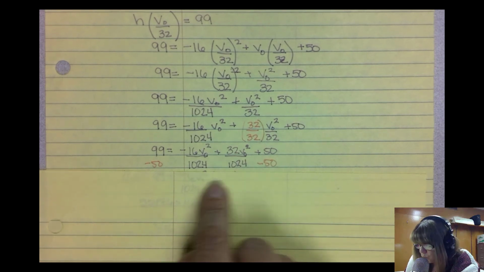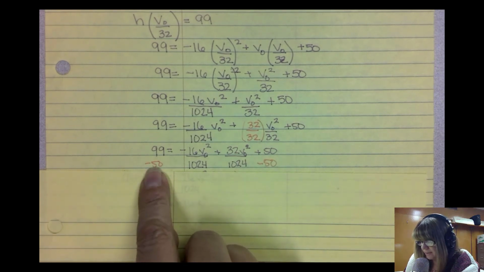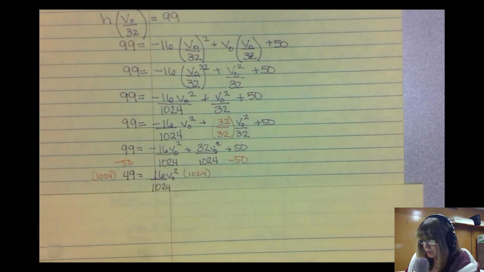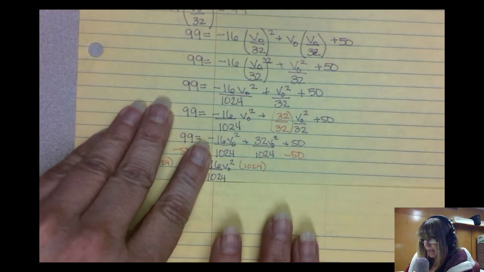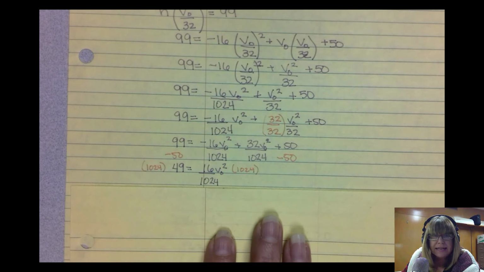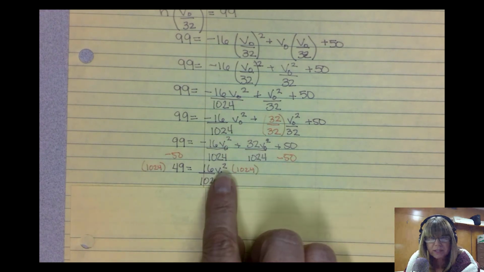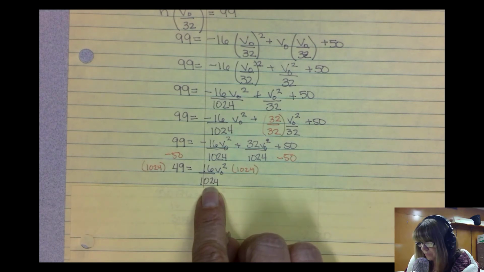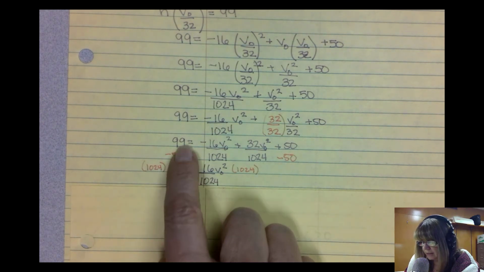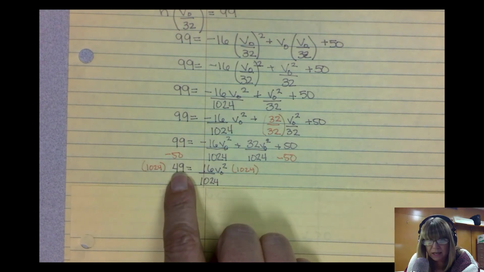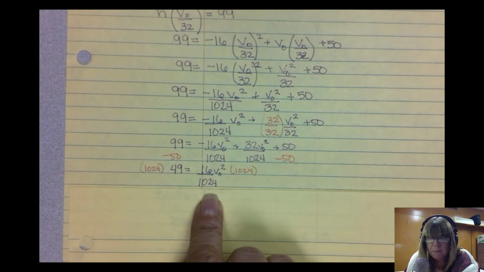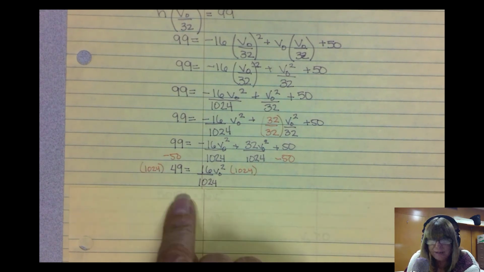I'm going to subtract 50 from both sides, getting our variable all in one spot and combining our variable. Negative 16 plus the 32 is a positive 16, velocity squared all over 1024, equals 49, because 99 minus 50 was 49. I'm going to get rid of my denominator by multiplying the 1024 to both sides.